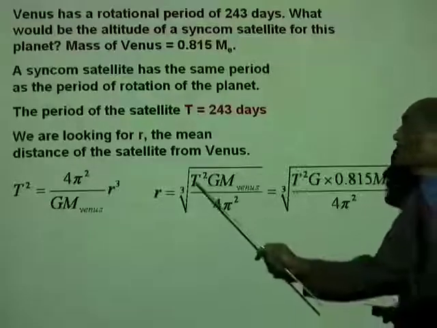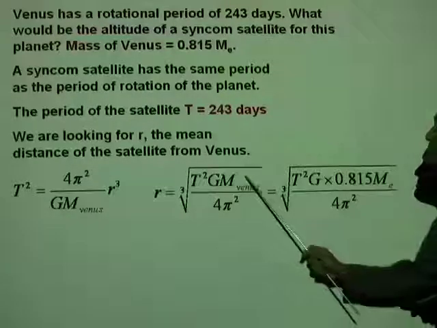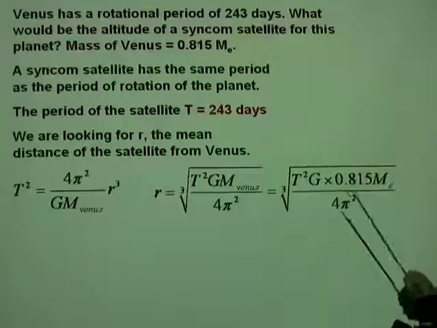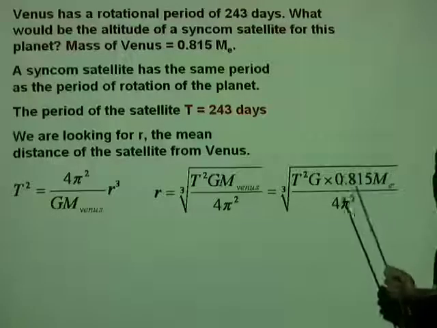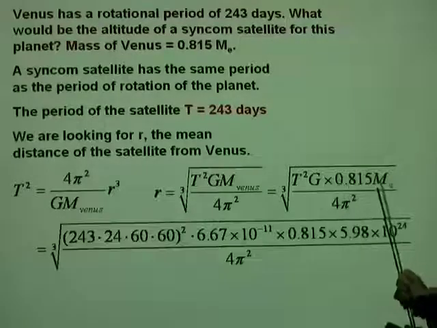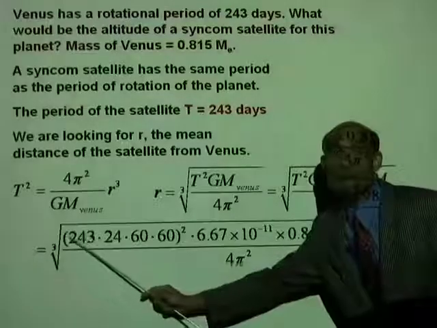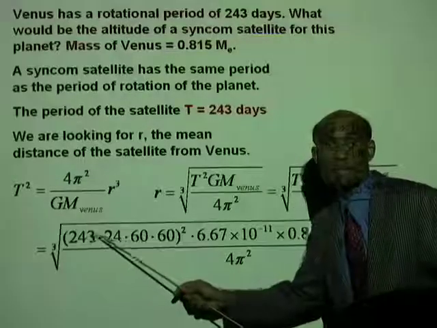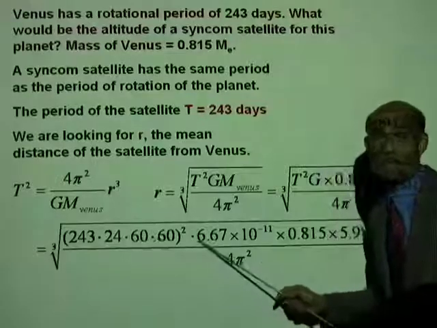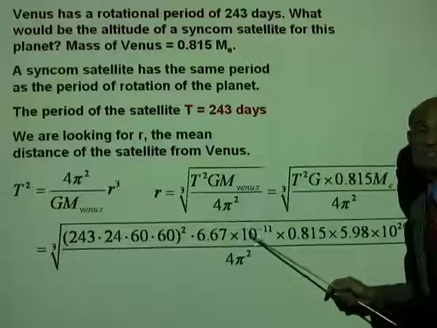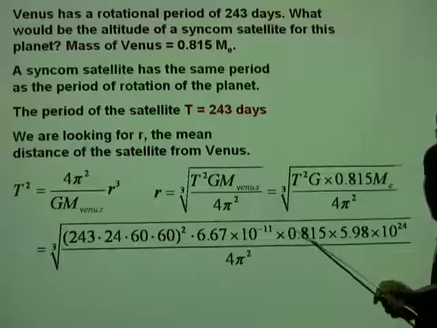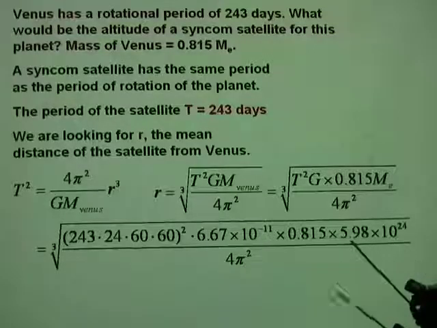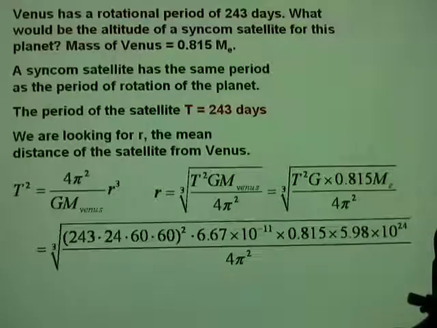Now that will be T squared times G times the mass of Venus, which is 0.815 times the mass of the Earth, divided by 4 pi squared. I have given you the mass of the Earth some time ago. So that will be T squared, the square of the period of the satellite, 243 days converted to seconds, times G, 6.7 times 10 to the negative 11, times 0.815 times the mass of the Earth, 5.98 times 10 to the 24, over 4 pi squared.